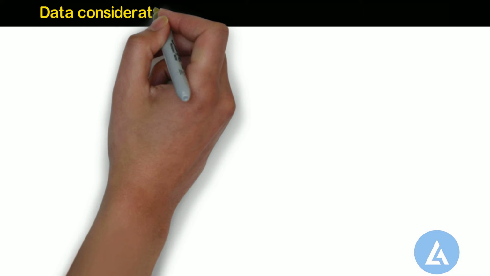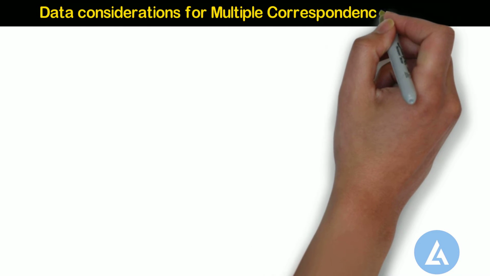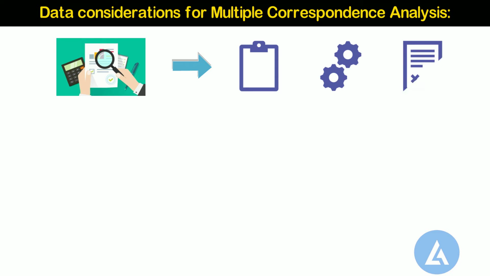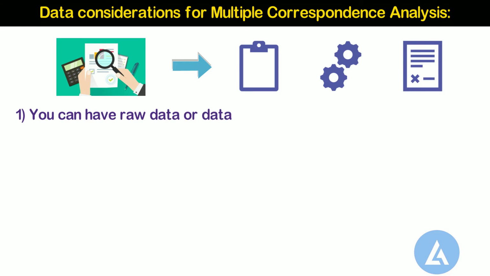Data considerations for multiple correspondence analysis. To ensure that your results are valid, consider the following guidelines when you collect the data, perform the analysis, and interpret your results. 1. You can have raw data or data in indicator variable form.